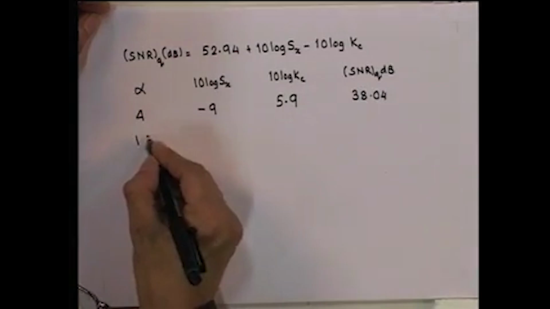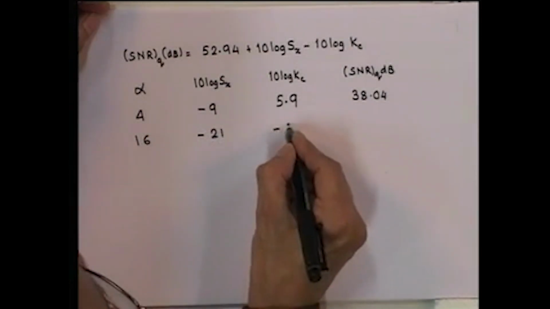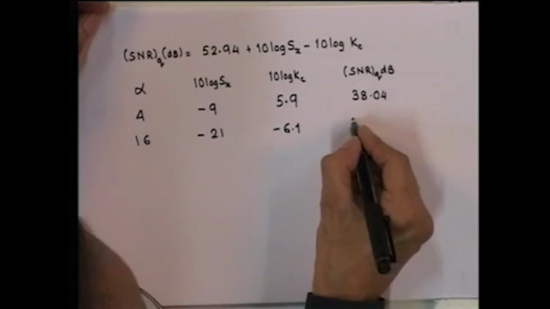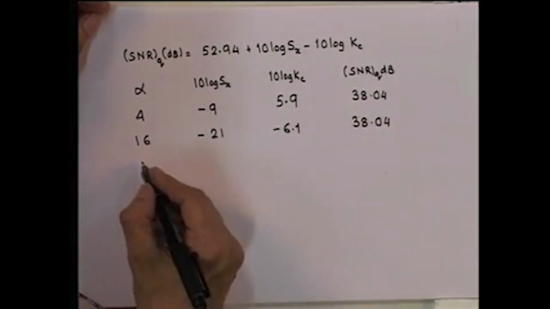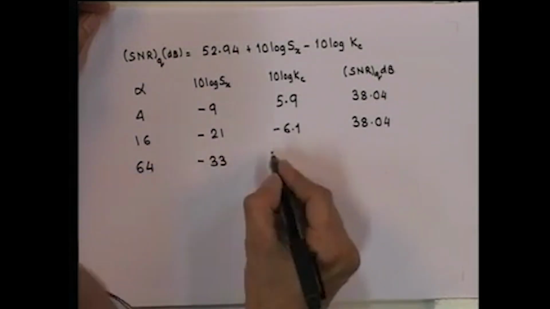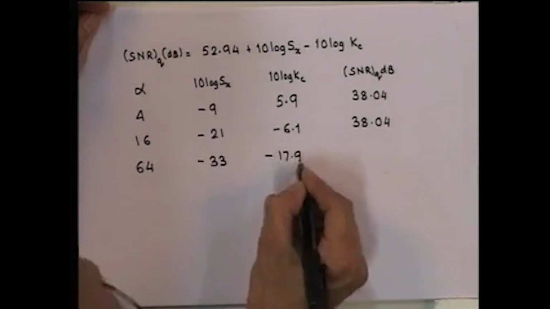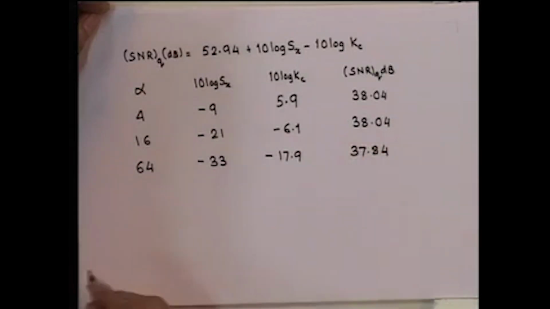For alpha equal to 16, this is equal to minus 21, minus 6.1, 38.04. For alpha equal to 64, minus 33, minus 17.9, 37.84.